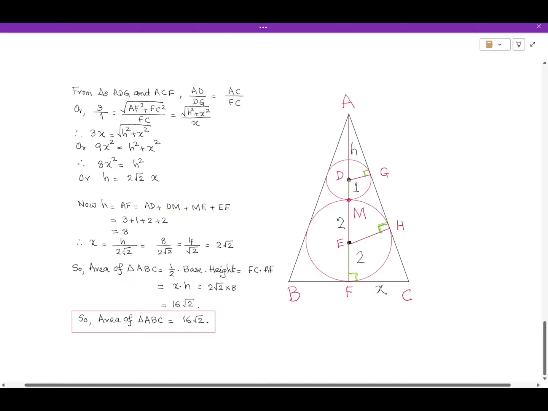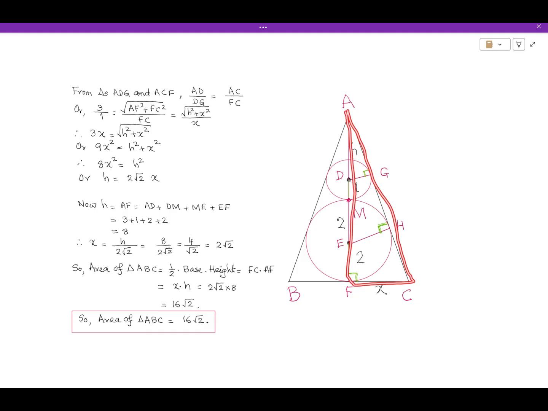From triangles ADG and ACF, which are similar, we get AD divided by DG is equal to AC divided by FC. Now AD is equal to 3, DG is equal to 1, so AD by DG is equal to 3 by 1.